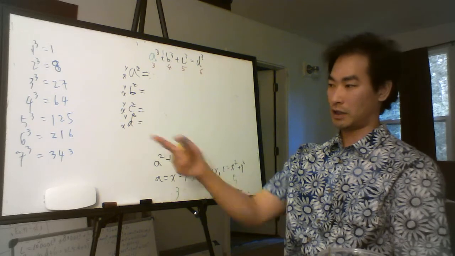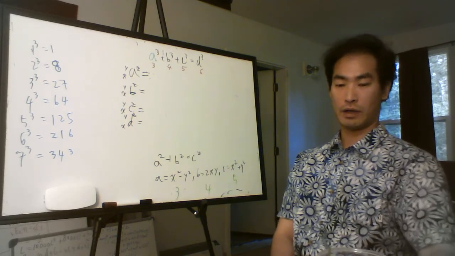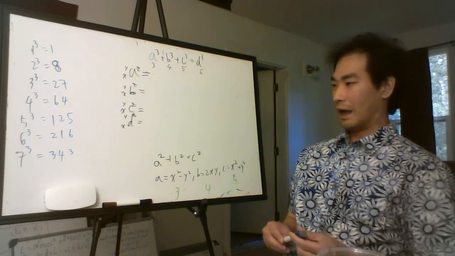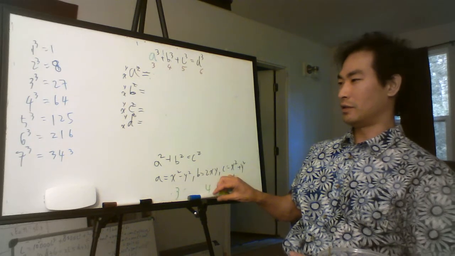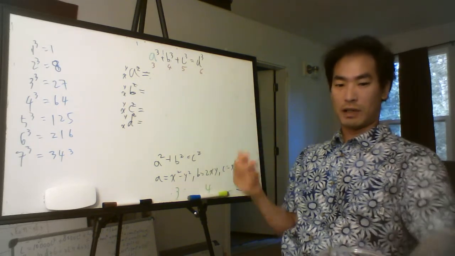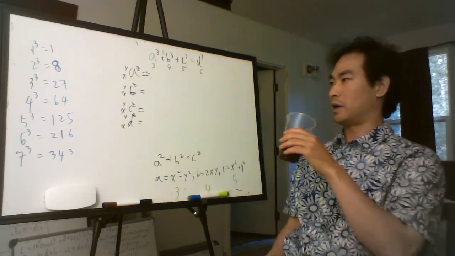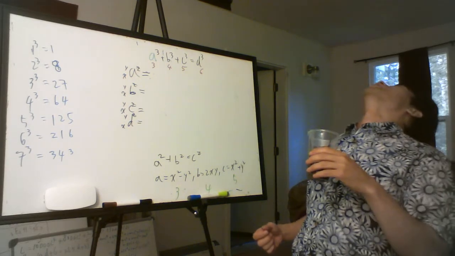Minus 7, yeah. 343, okay. I know how to calculate this without scribbling down because I did enough mathematics in the past.